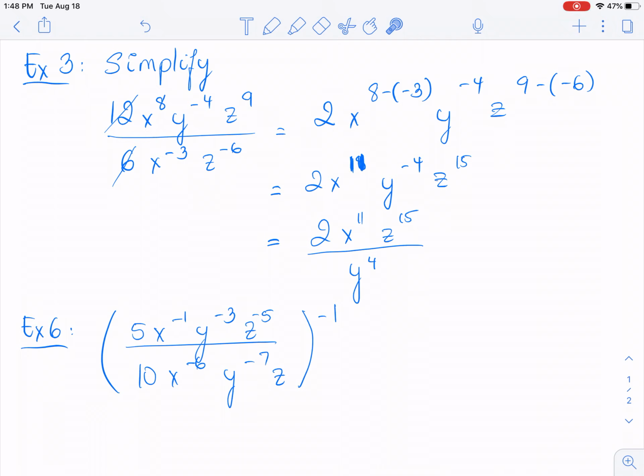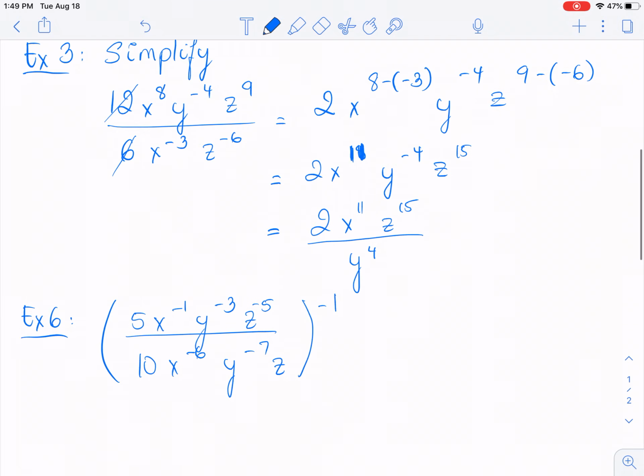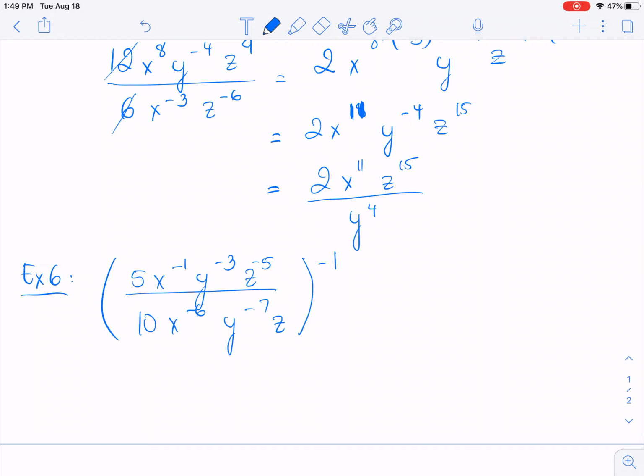Or if you want to take care of this negative 1 first, you flip everything inside, and the sign of the numbers stays the same. All right, so it's really up to you. Okay, how about I take care of that negative 1 first? If I take care of that negative 1, that means I get rid of the parentheses and flip everything.